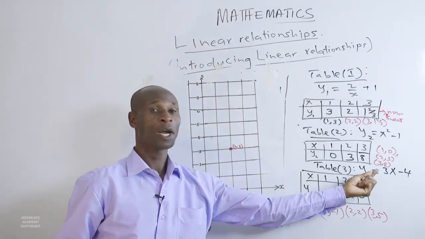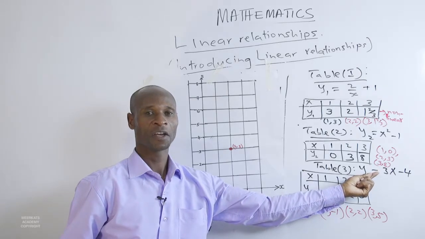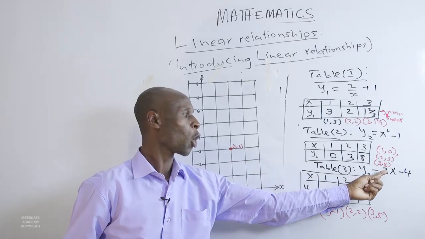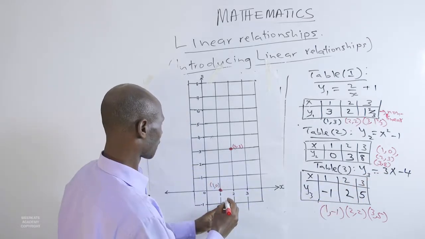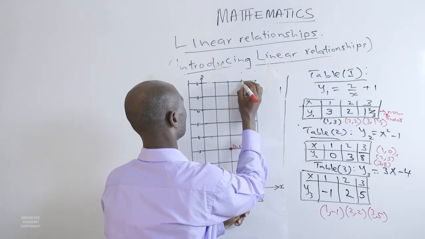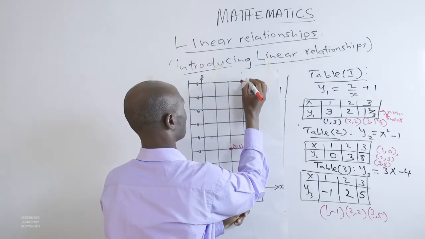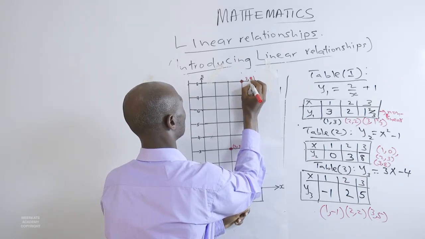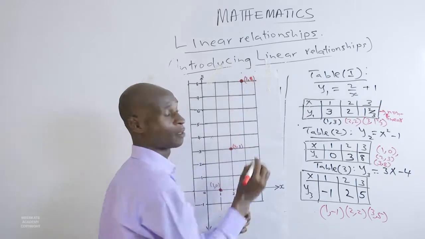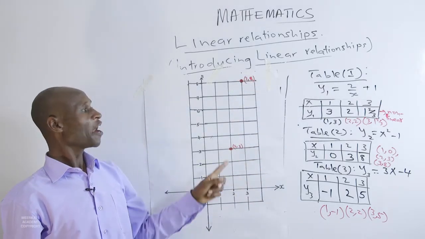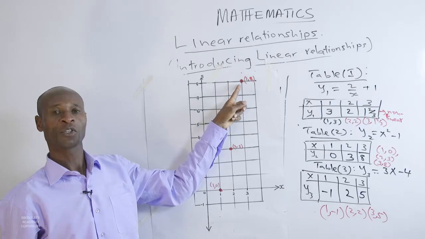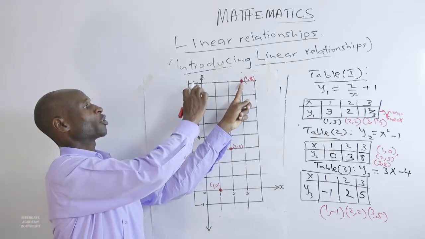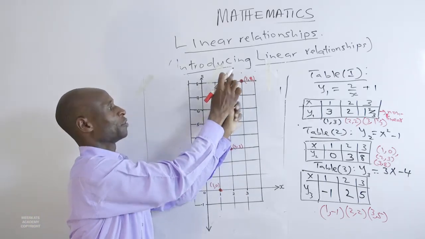Finally, we plot our last point, which is 3, 8. That is, the x-coordinate is 3 and the y-coordinate is 8. You can verify that the point has also been plotted correctly. X is 3 and the corresponding y value is 8.